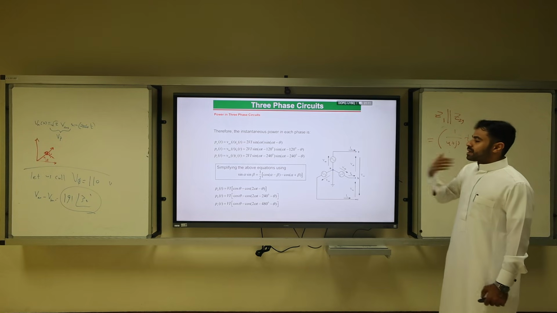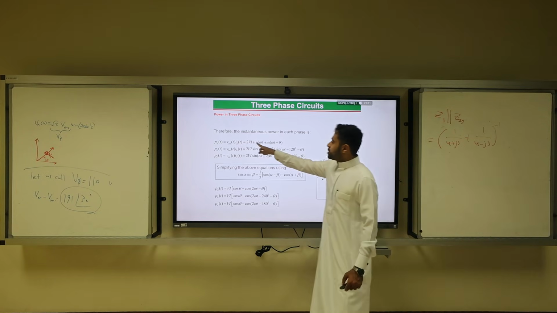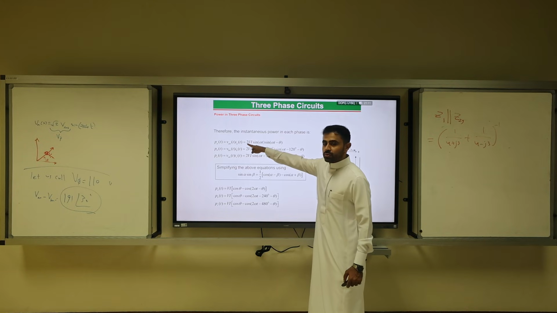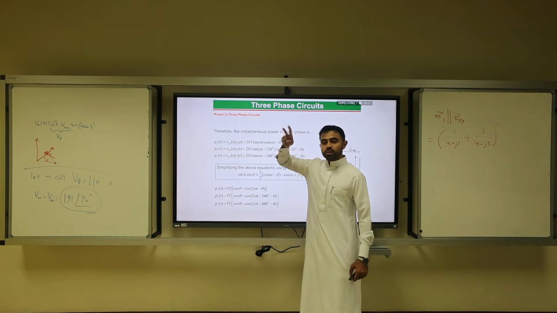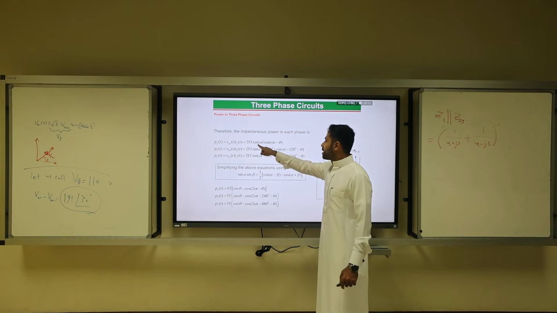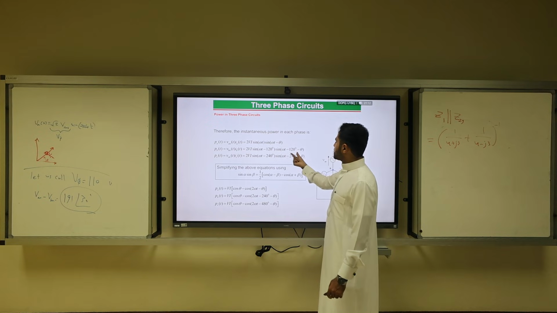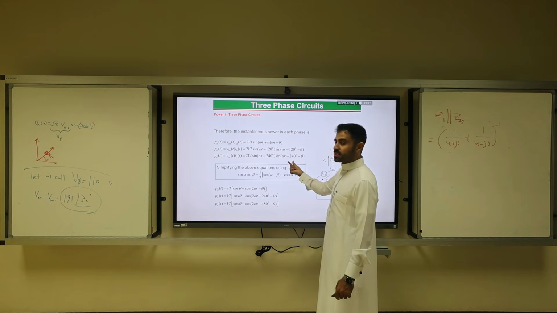So let's do the math. Well, math is hard. So it is 2 VI. Why do we have 2? Because each one has the square root of 2. Square root of 2 times square root of 2, we have 2 VI sine omega t times sine omega t minus theta. Repeat for B, subtract 120. For C, subtract 240.